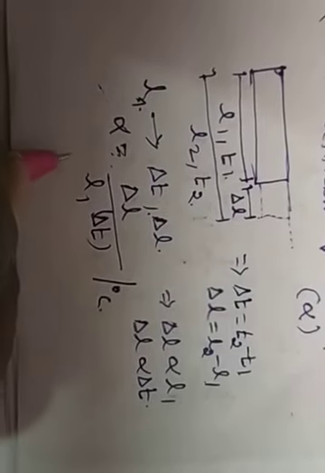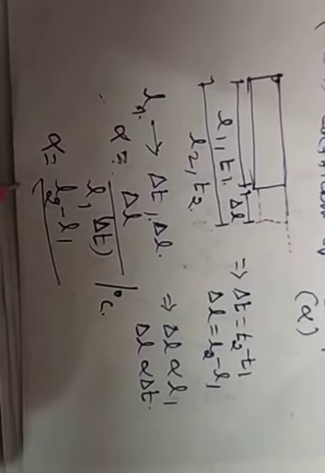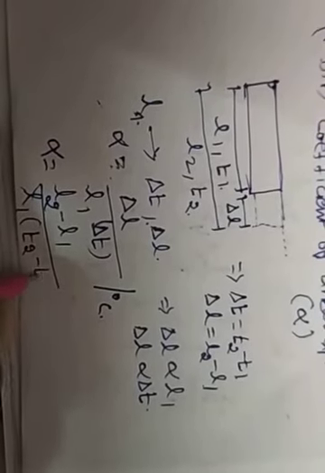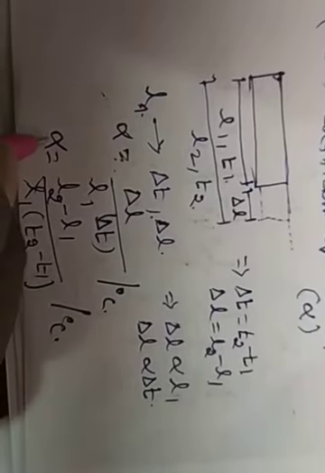So this formula is also noted as alpha equals L2 minus L1 by L1 multiplied with T2 minus T1, per degree Celsius. This alpha is called coefficient of linear expansion.